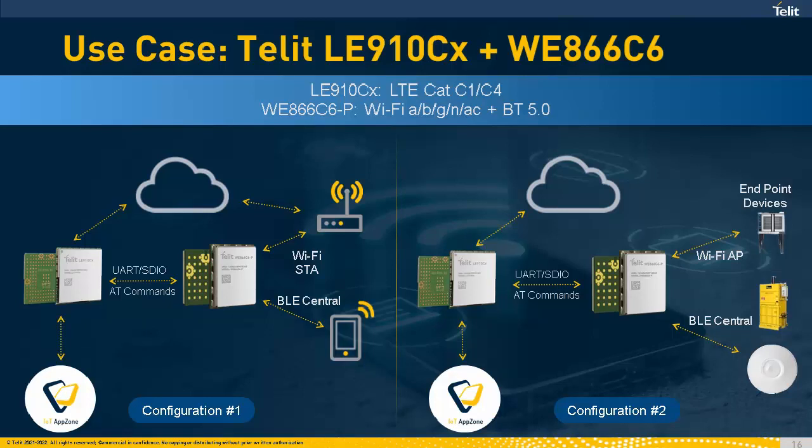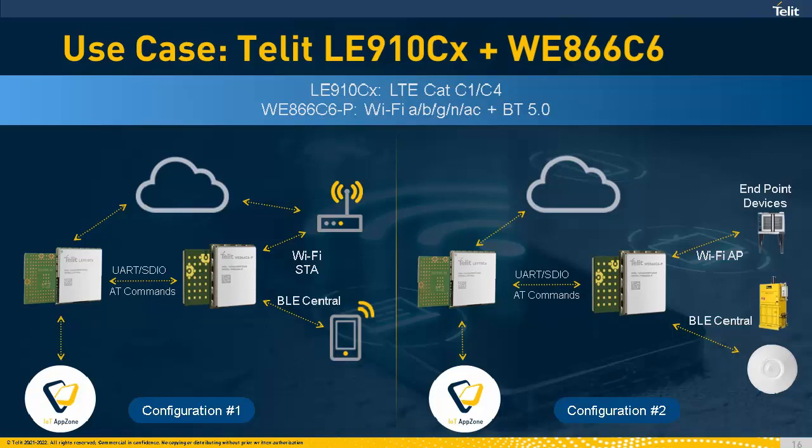Again, also in this case, different configurations are possible, quite similar to the previous case, where you have our cellular module that has cellular connectivity to the cloud, and our Wi-Fi module, Wi-Fi and Bluetooth, that will manage the local network, or via gateway can connect also to the cloud, to the internet.